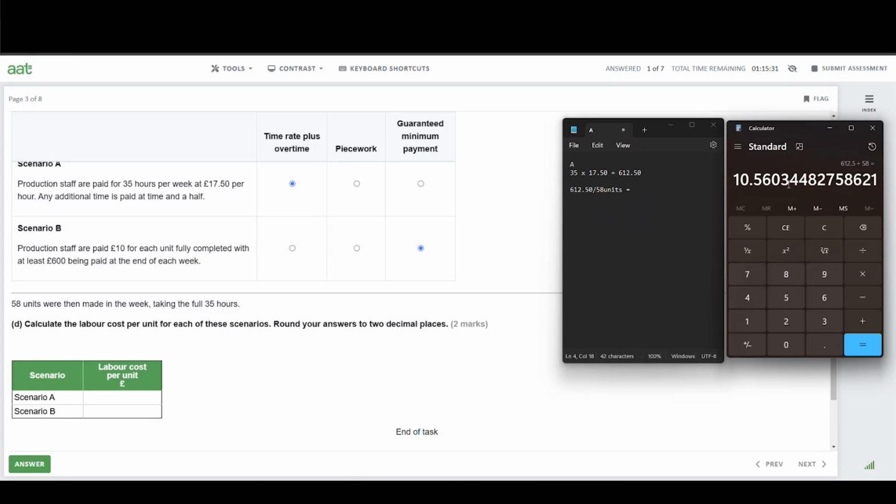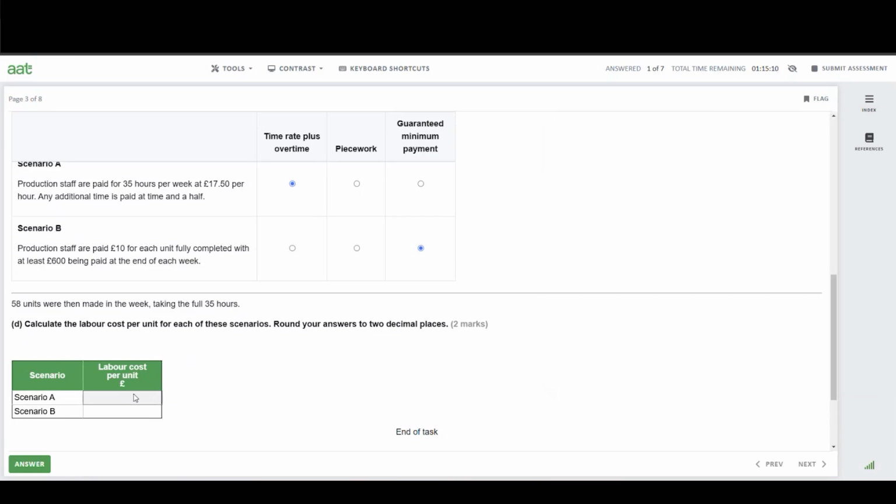Now we want to give our answer to 2 decimal places, remember. So we'll look at the digit after the second decimal place, and that will tell us whether or not we need to round the answer up. Okay, in actual fact, the digit after our second decimal place is a 0, so no rounding is required there. We can enter our answer there as 10.56, rounded to 2 decimal places.